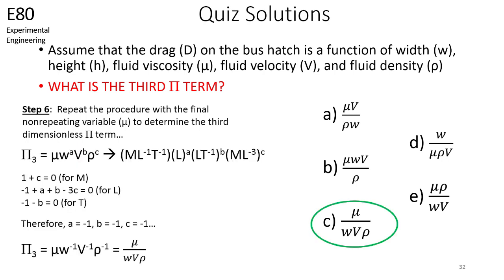The correct answer is C. The first step would be to express the viscosity in terms of the repeating variables, which in this case is mass divided by the product of length and time. We see that a, b, and c would each have to equal negative 1, which makes the third pi term viscosity divided by the product of width, flow velocity, and density.